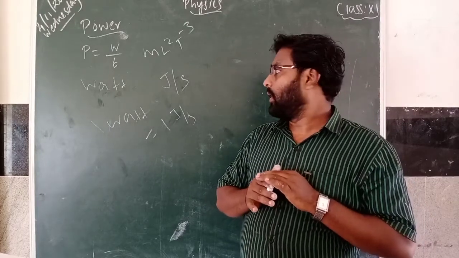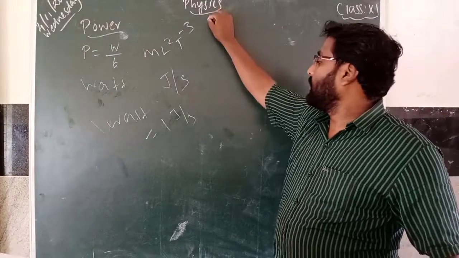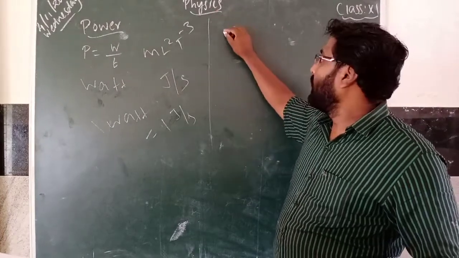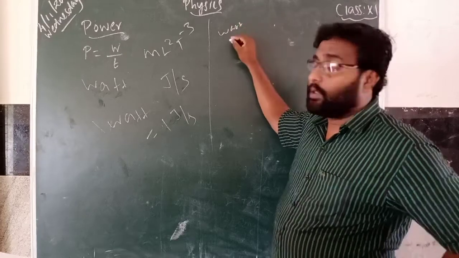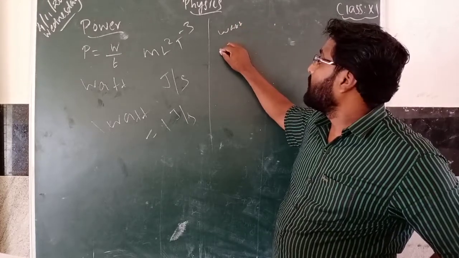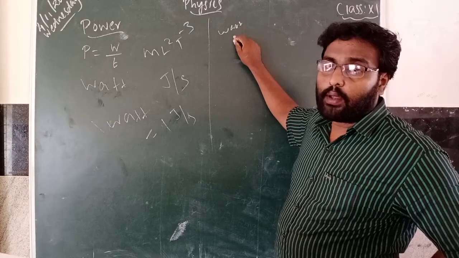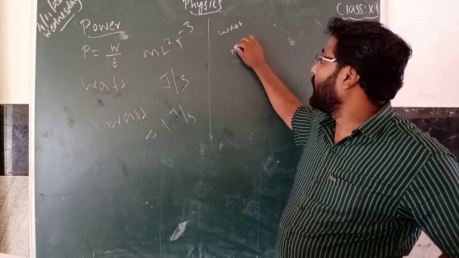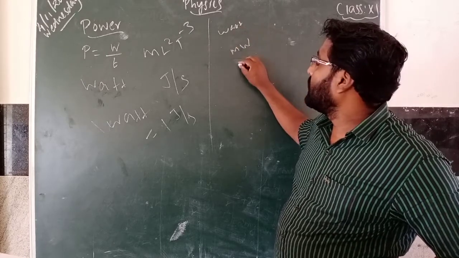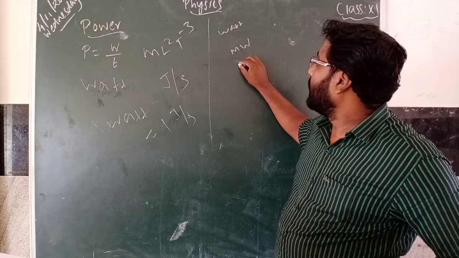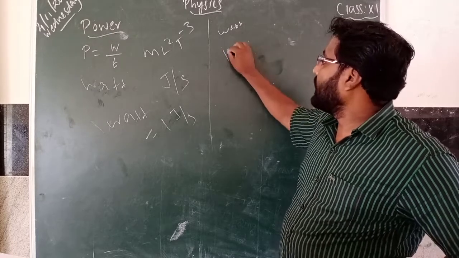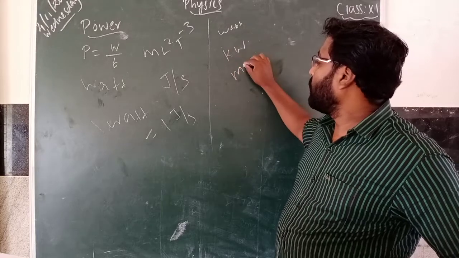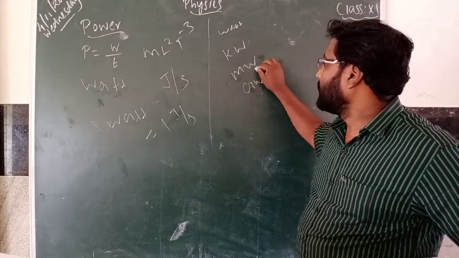Now we are using many units for power. Watt is the lowest unit. Normally we are using watt, then for higher units we are using kilowatt, megawatt, gigawatt.